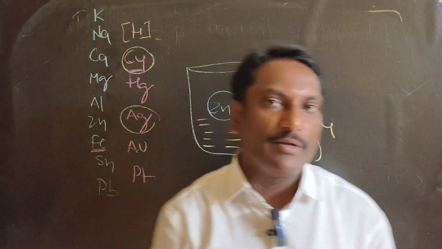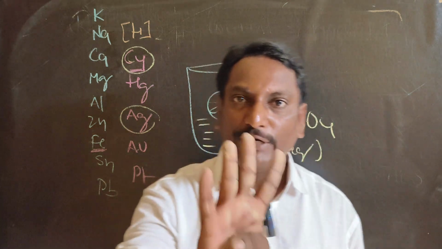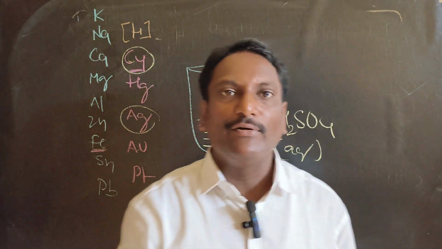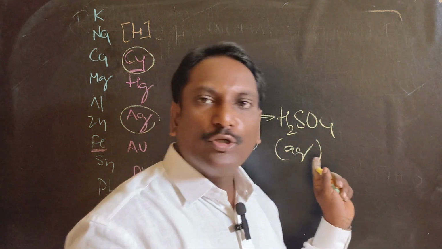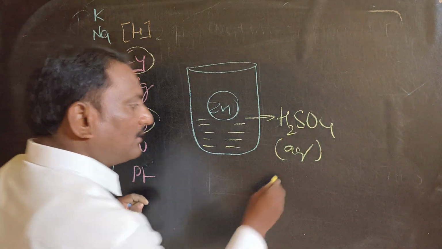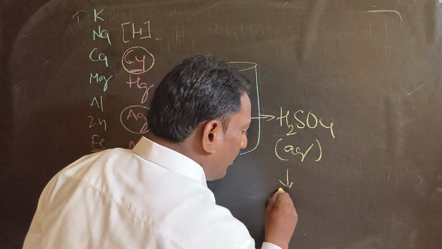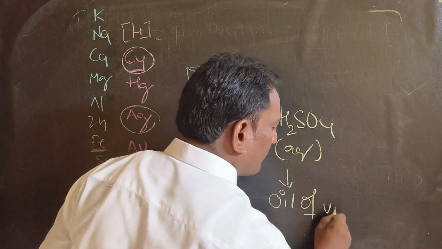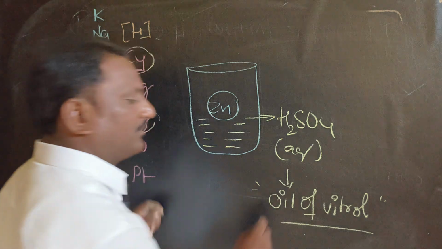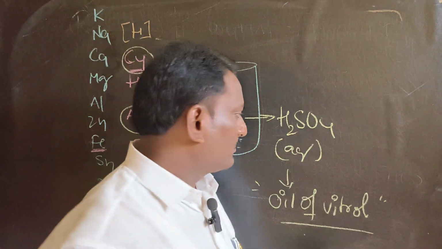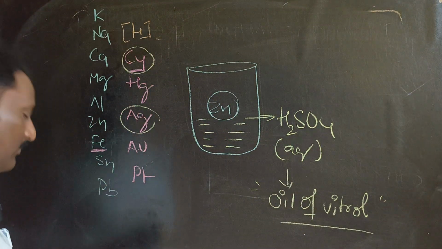Please remember that I have given four vitriols: blue vitriol, green vitriol, white vitriol, and the fourth one is oil of vitriol. Sulfuric acid.